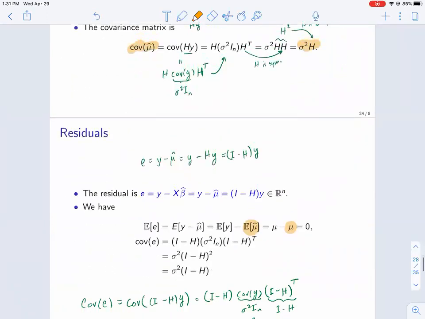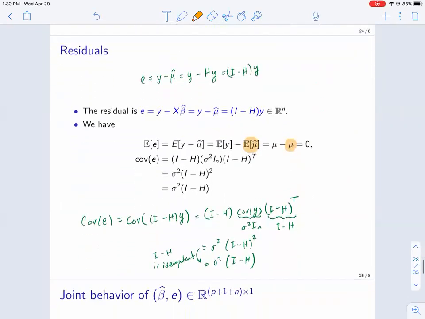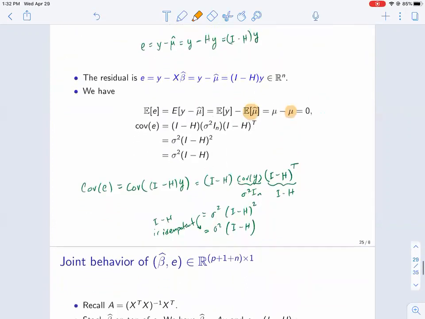Same goes for E. E can be written as (I minus H) times y, and if y has a multivariate normal distribution, E is going to have a multivariate normal distribution. So all of these quantities, whose mean and covariance matrix we calculated, also have a multivariate normal distribution under the assumption E2. That follows from the first property, the affine transformation property of the multivariate normal distribution.